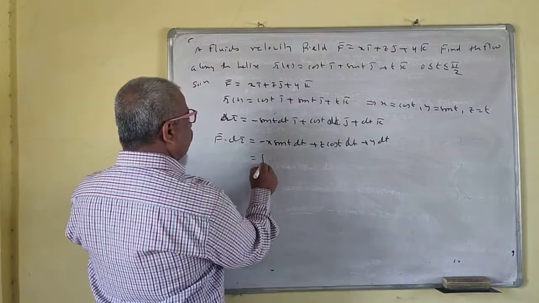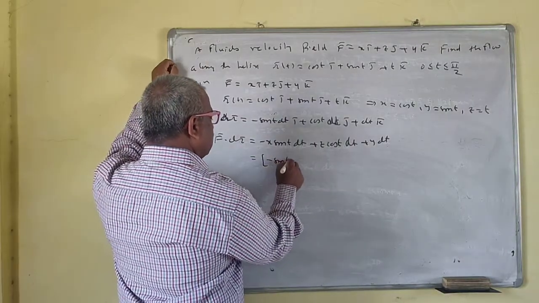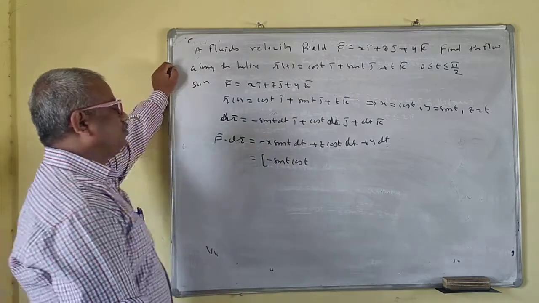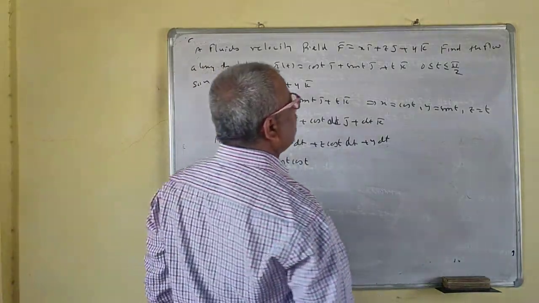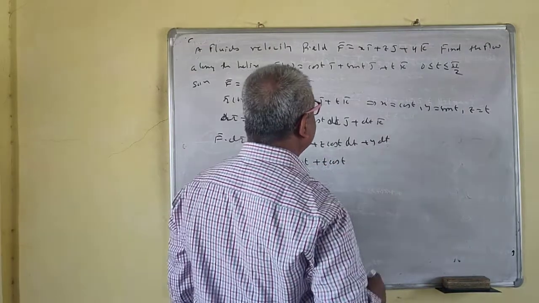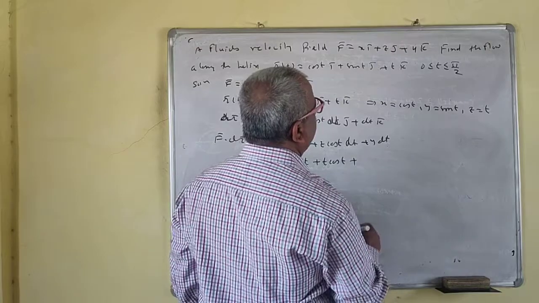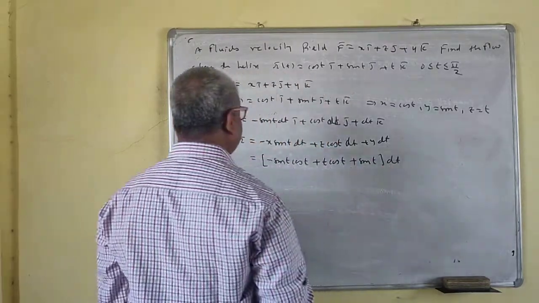Now we'll put the value of x. x is cos t, so this is minus sin t cos t dt. Then z is t, so plus t cos t, plus y is sin t, so sin t dt.